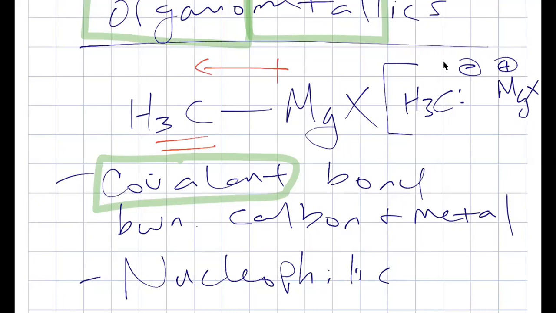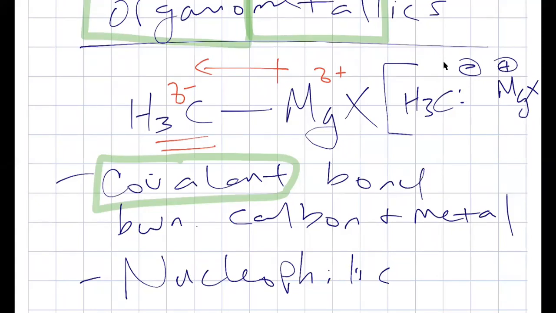So carbon is partially negative, and magnesium, or whatever the metal is going to be, is partially positive. All right, so it's nucleophilic and carbon is the nucleophile.